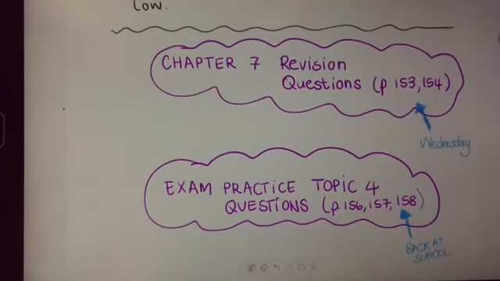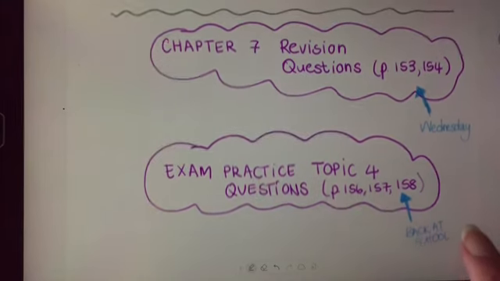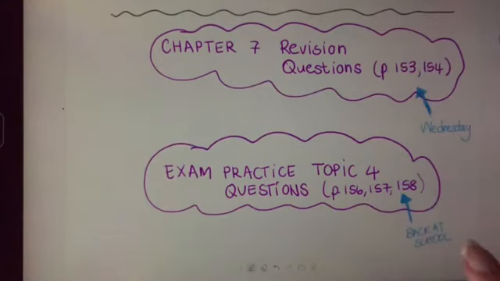And because it's the end of a section, like before, there are also some exam practice questions, and you'll find them on page 156 to page 158. But those questions you can answer in your own time, and once we are back at school, we will go through those answers together as part of our revision program.